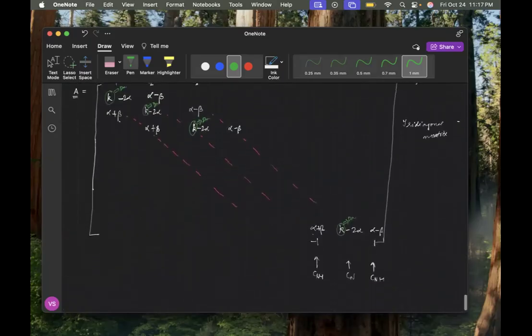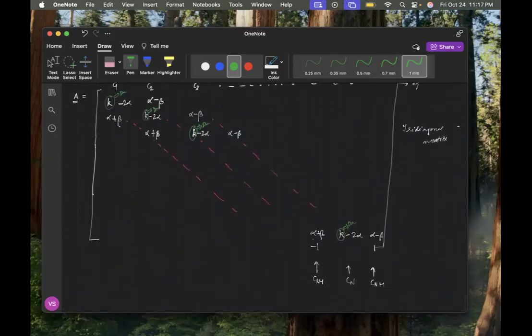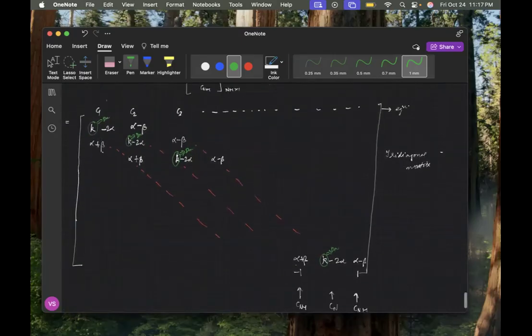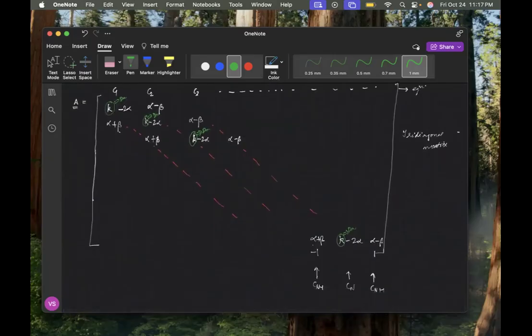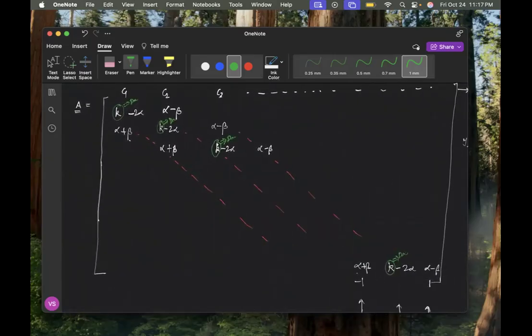So an important thing to deal with such problems is that you have to realize that there's a pattern. Okay, there's a pattern when it comes to formulating these matrices. Especially in this case, because it's a tridiagonal matrix, it's actually very simple to formulate.